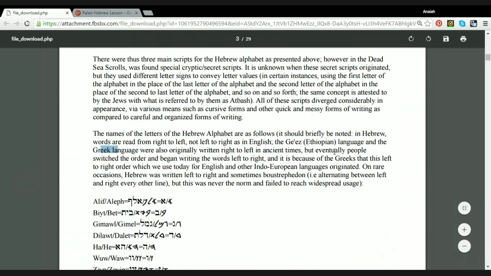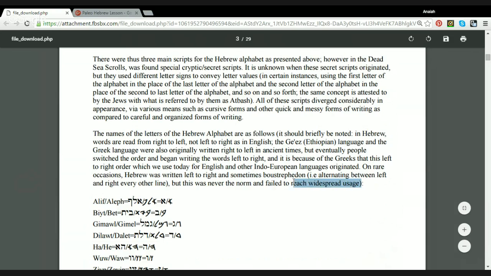So I say, eventually people switched the order and began writing the words left to right. And it is because of the Greeks that this left to right order, which we use today for English and other Indo-European languages, originated. On rare occasions, Hebrew was written left to right, and sometimes boustrophedon, alternating between left and right every other line. But this was never the norm and failed to reach widespread usage.